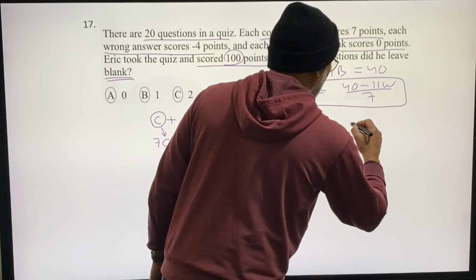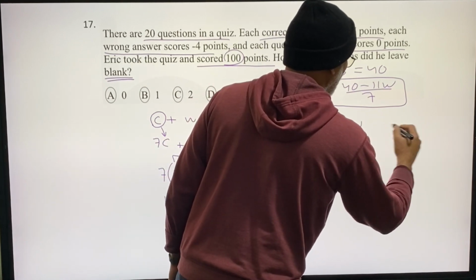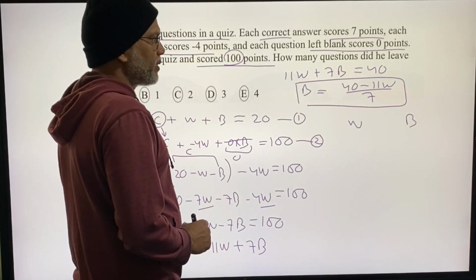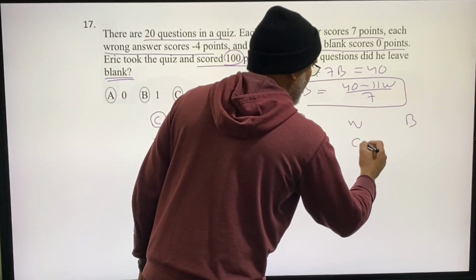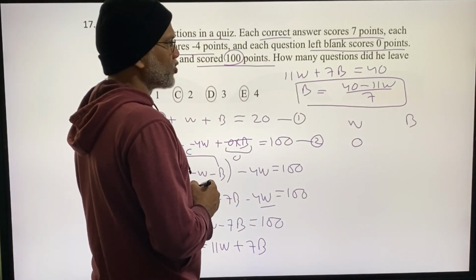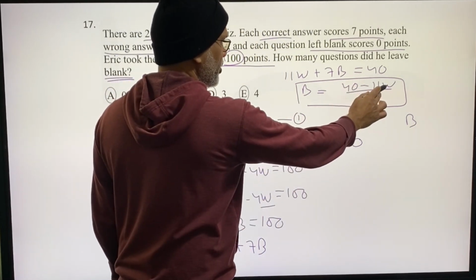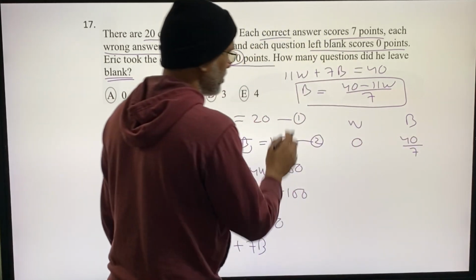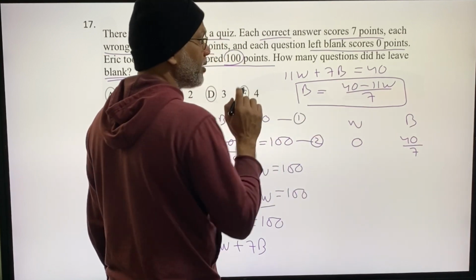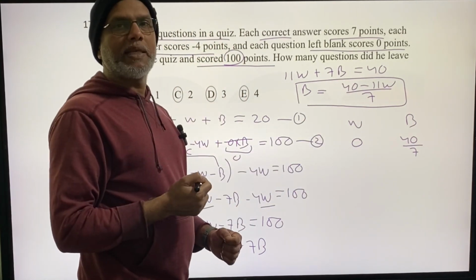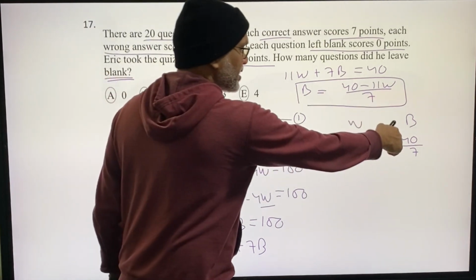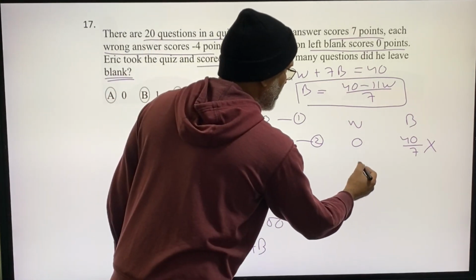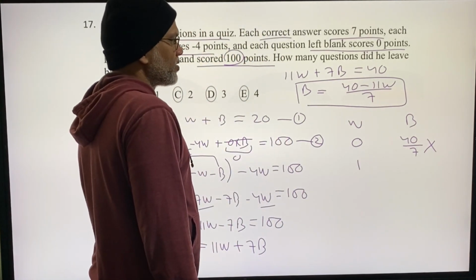I'll make a small table here, W for the number of wrong answers and B for the number of questions he left blank. Let's say he got 0 questions wrong. Then W is 0, and B is 40 by 7. So this many questions he must have left blank, but 40 is not divisible by 7, so the number of blanks cannot be a fraction, and this cannot be a correct choice. How about if he got 1 question wrong?